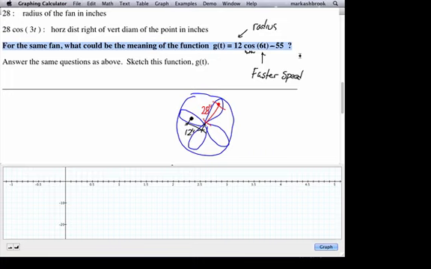Move the fan over 55 inches? Which way, left or right? Left, into negative territory, and then we're referencing that point from where? Yeah, some wall, right? So the distance to the center, to the vertical diameter, is 55 inches, and we've got a wall like this.